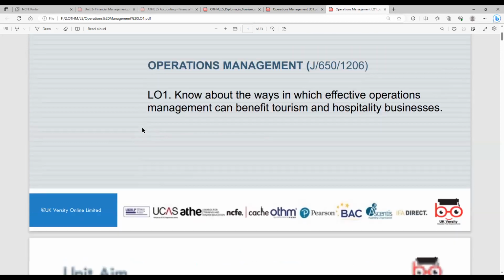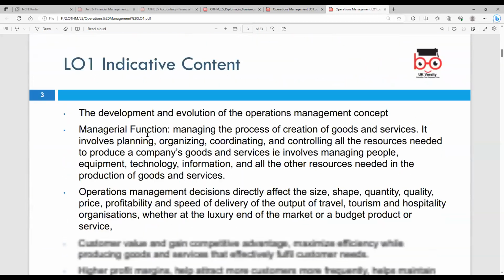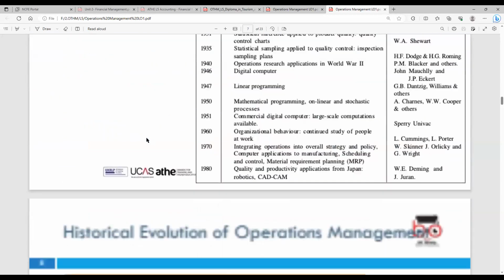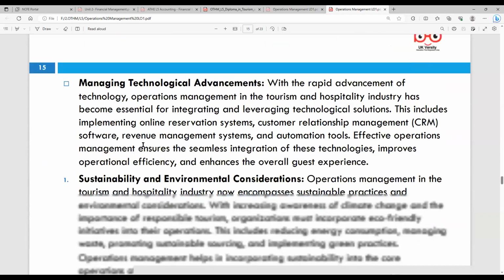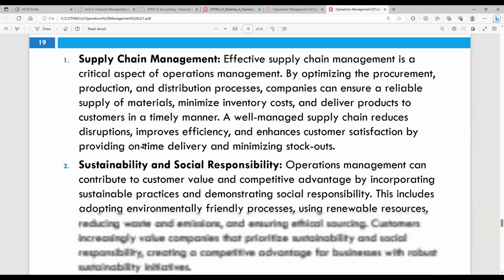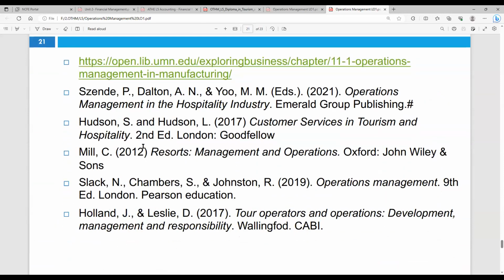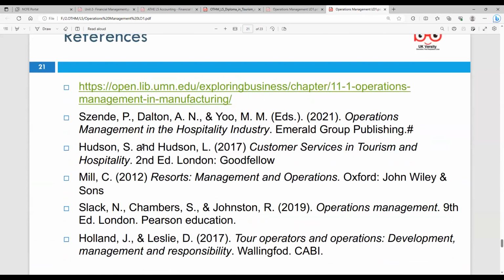No. Okay, so what you could do now is, you've got the login, you've got the materials, have you? You can look up your login on the Moodle platform. You can look at these references, or you can type these references into Google and read about them, and see what operations management is all about. There are a few references that we have put there, and they are specifically for management and operations.